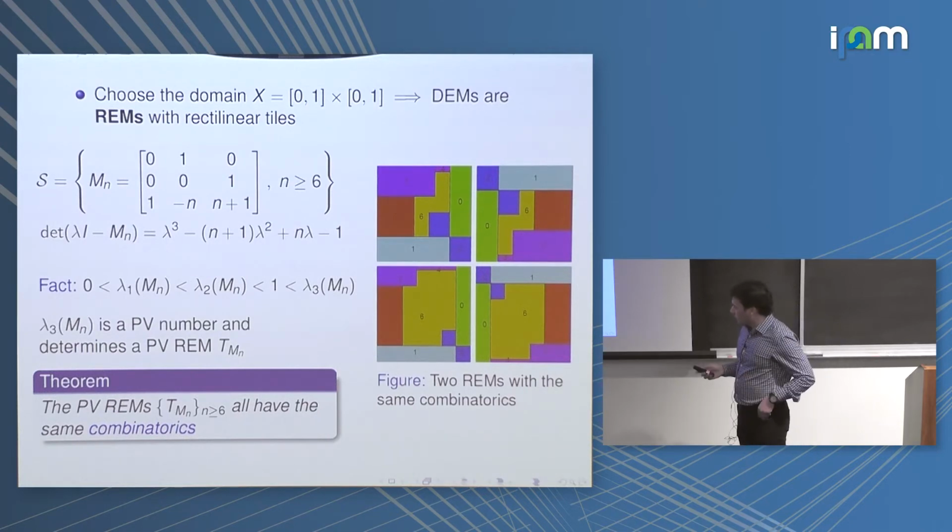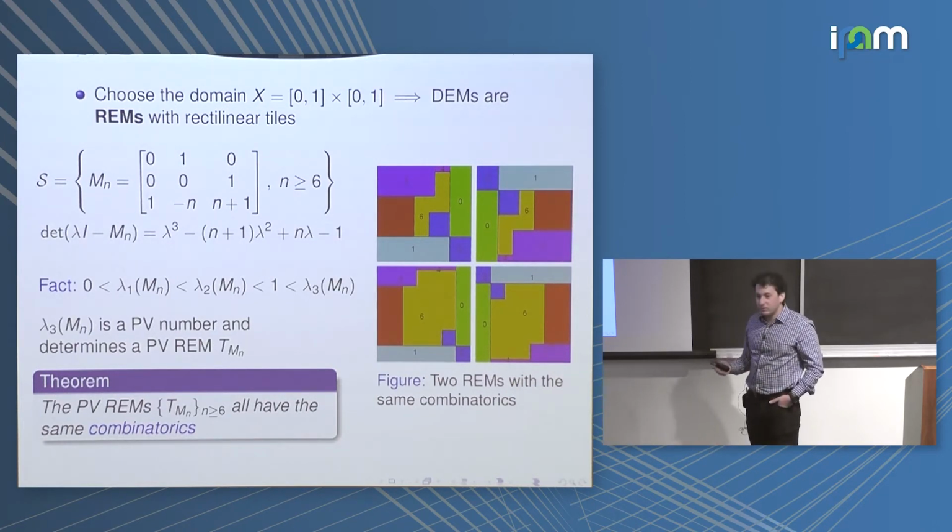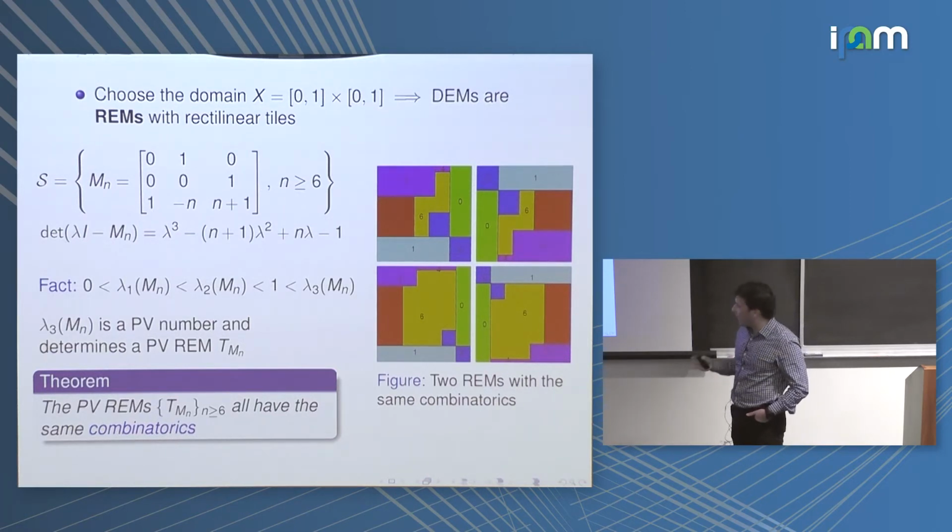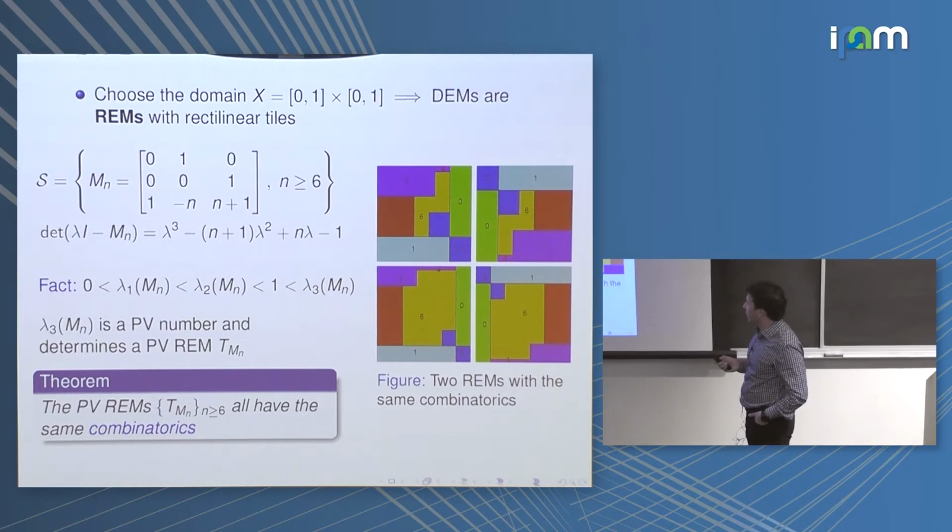So we showed that for any matrix M_n in this family, if you take the PV REM associated to it, then they all have the same combinatorics. Here I've shown two REMs with the same combinatorics.